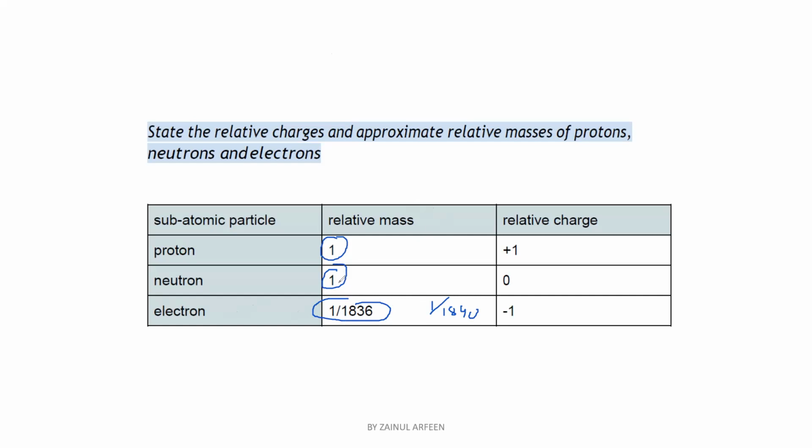Since proton and neutron come out as 1 and 1, it means proton and neutron have the same mass, and the electron is lighter because it is 1 divided by 1836 compared to proton and neutron.